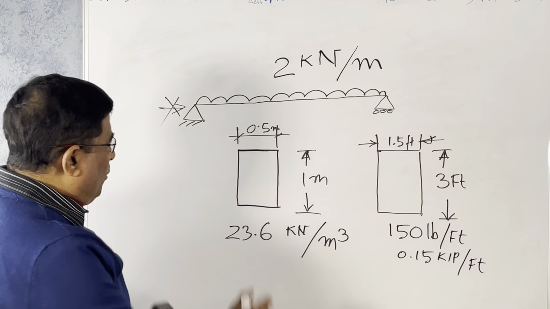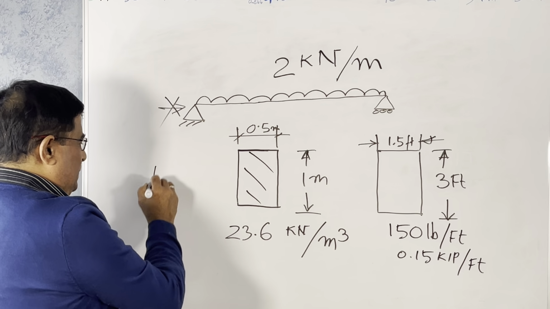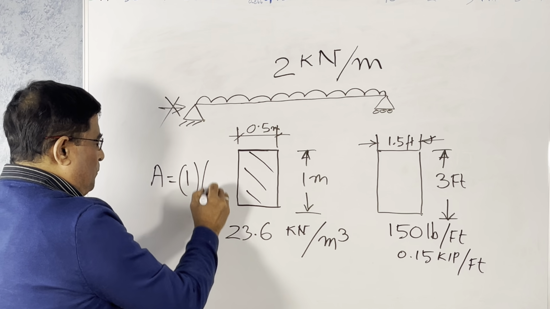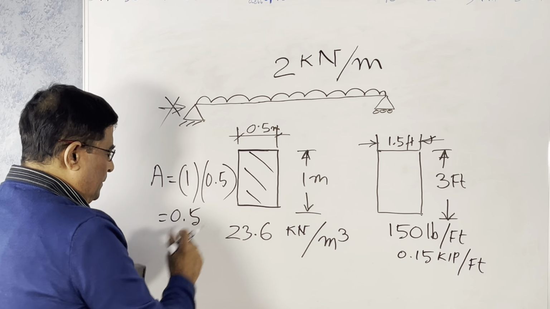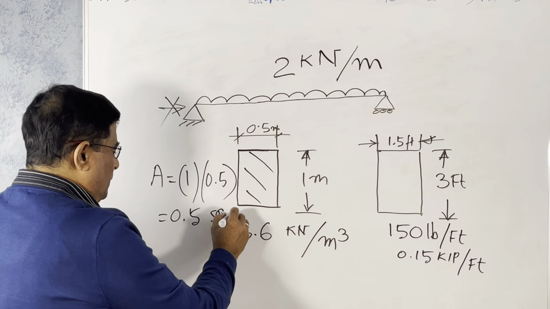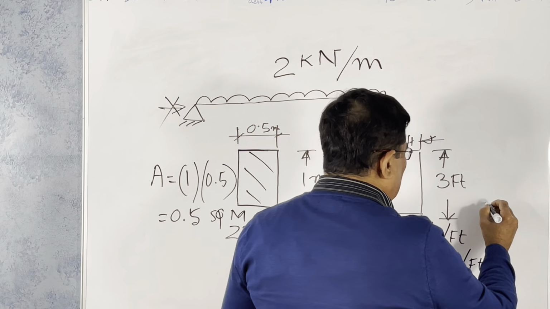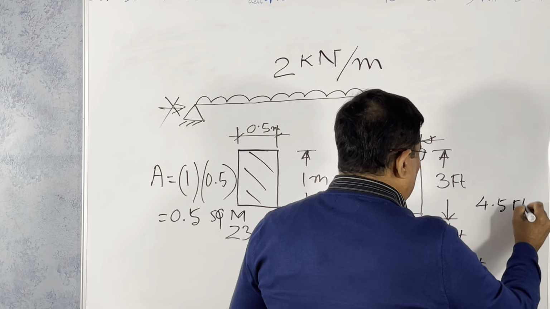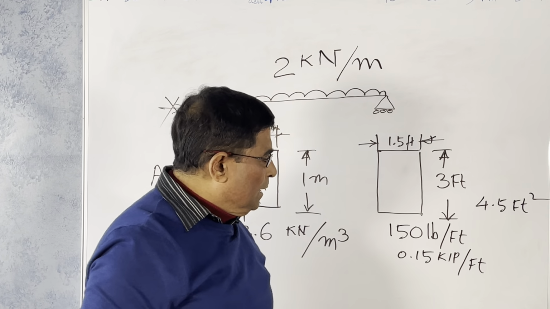Now, what is the area? This area is 1 times 0.5, so it is 0.5 square meter. Similarly here it is 4.5 feet square.